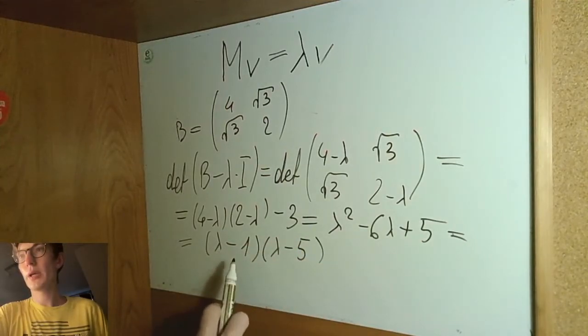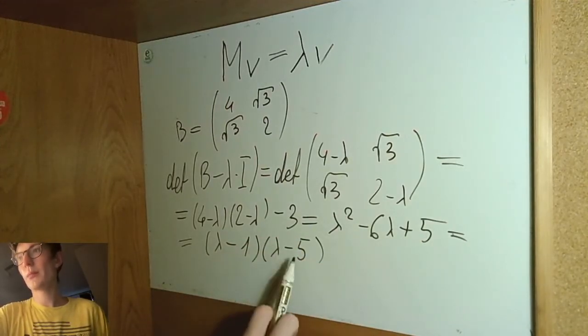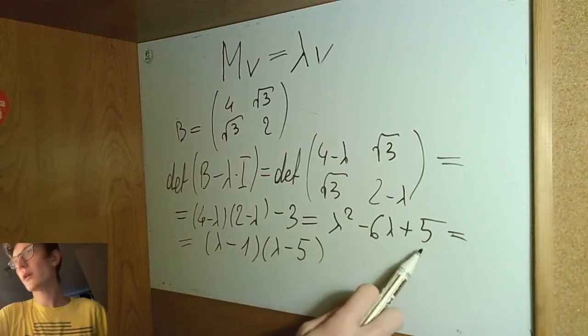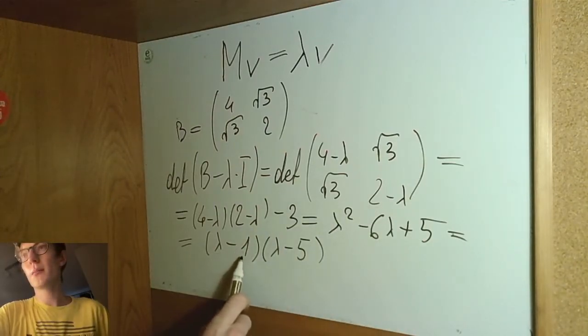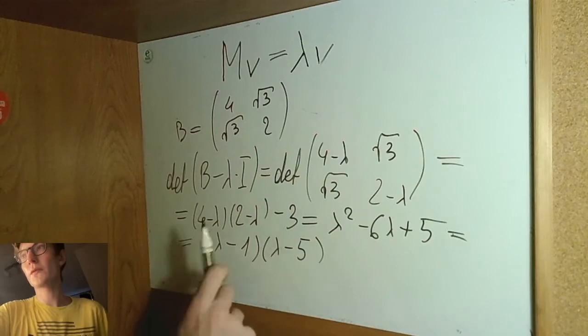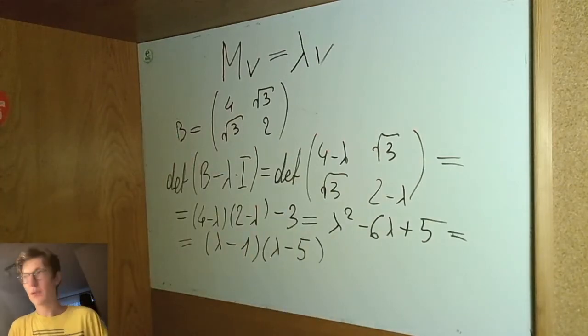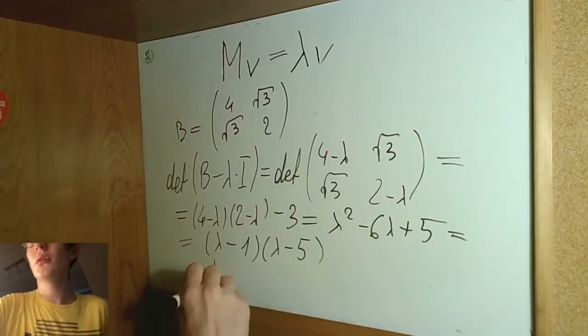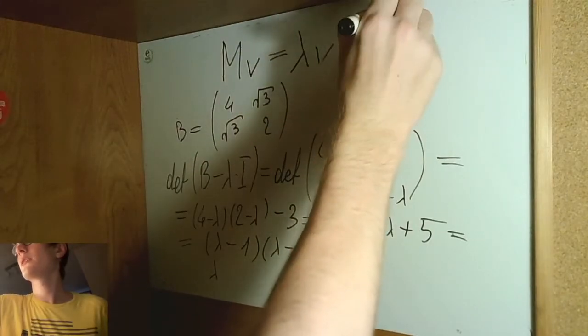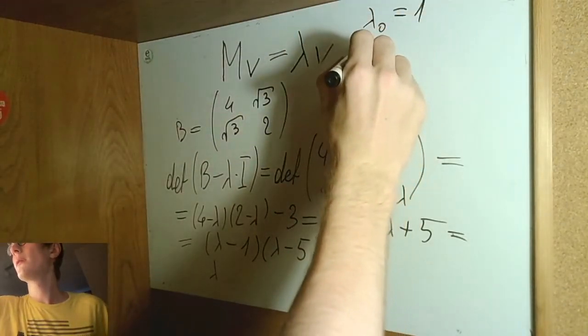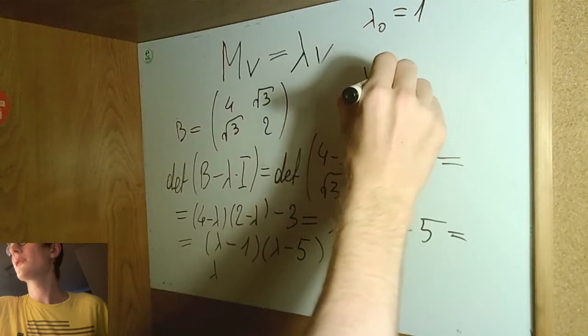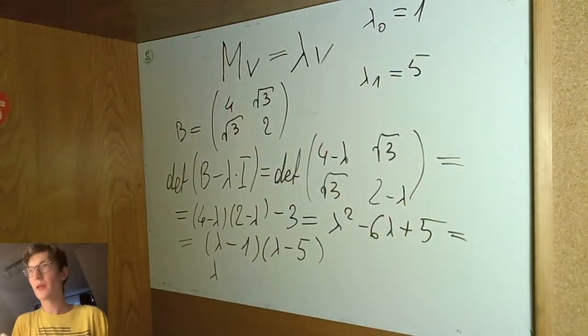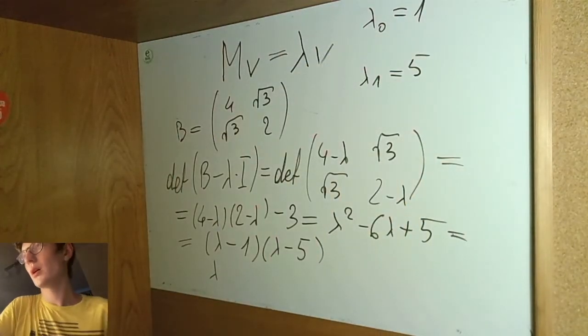Because when we multiply minus 1 by minus 5, we get 5, and minus 1 lambda minus 5 lambda gives us minus 6 lambda. Okay, so lambda 0 is 1, and lambda 1 is 5, right? And now we want to find eigenvectors.